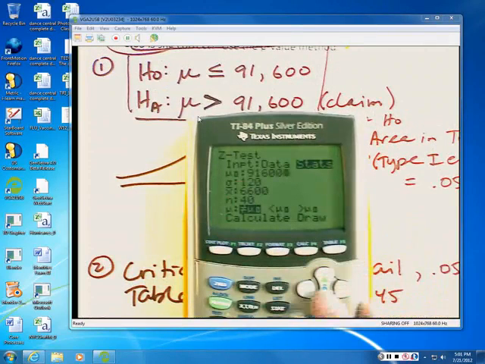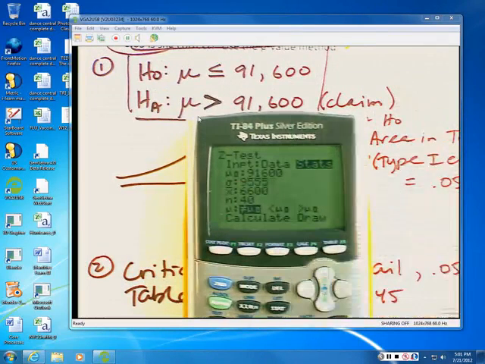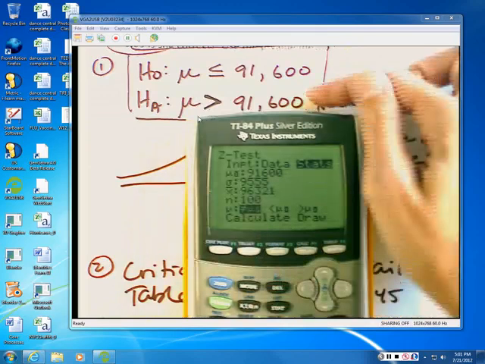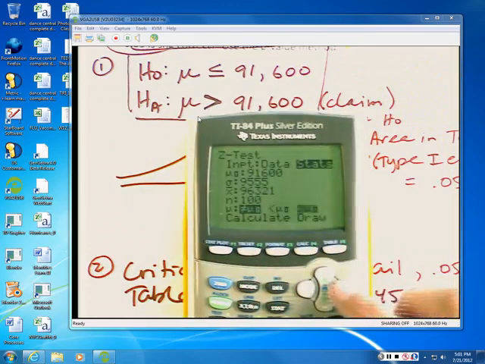Standard deviation for the sample was 9,555, which I'm just reading off of the problem. You can't see. The sample mean was 96,321. The sample size was 100. And now this is asking for the alternative hypothesis, which was greater than. So not equals, not less than, but greater than.